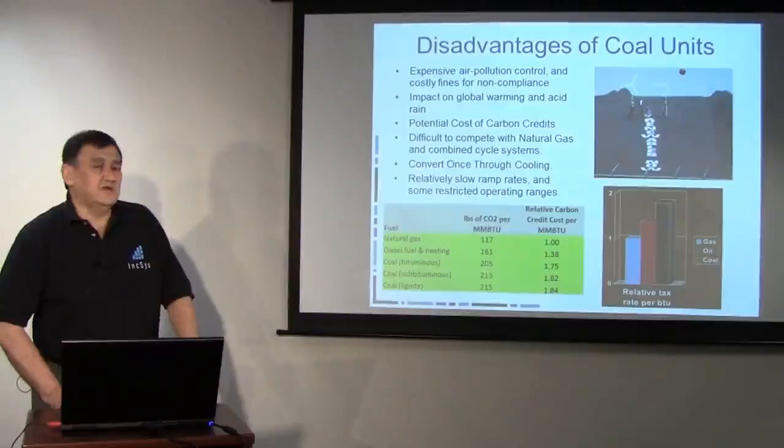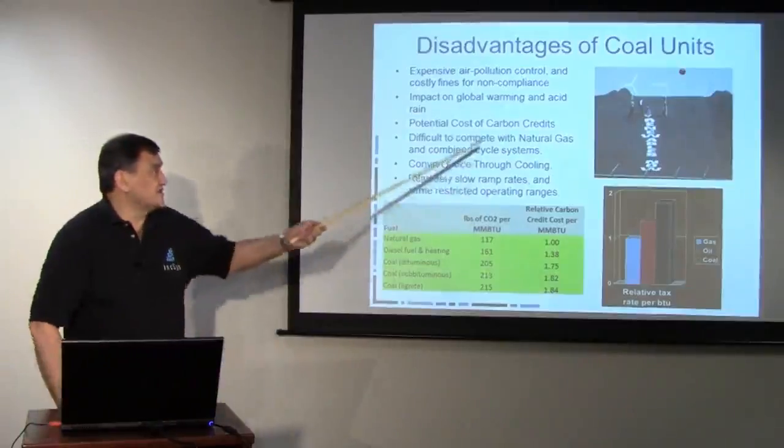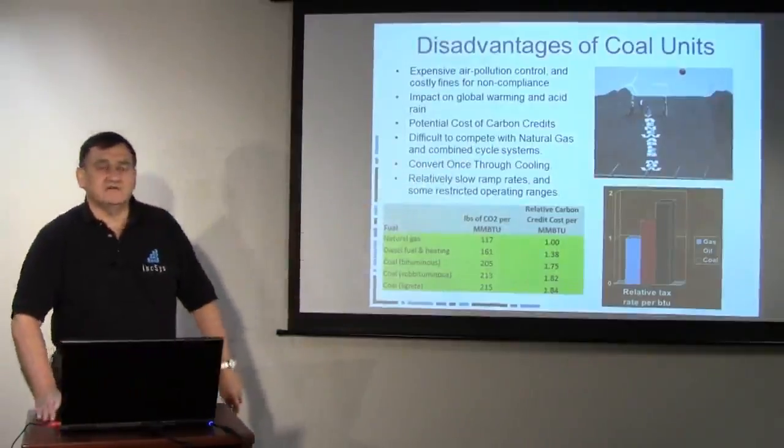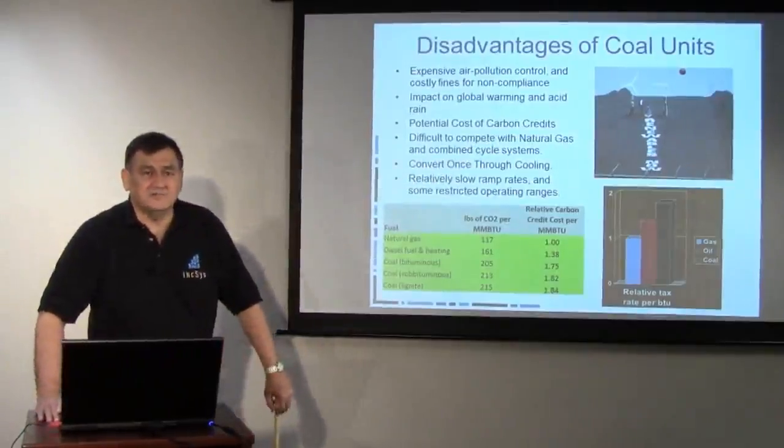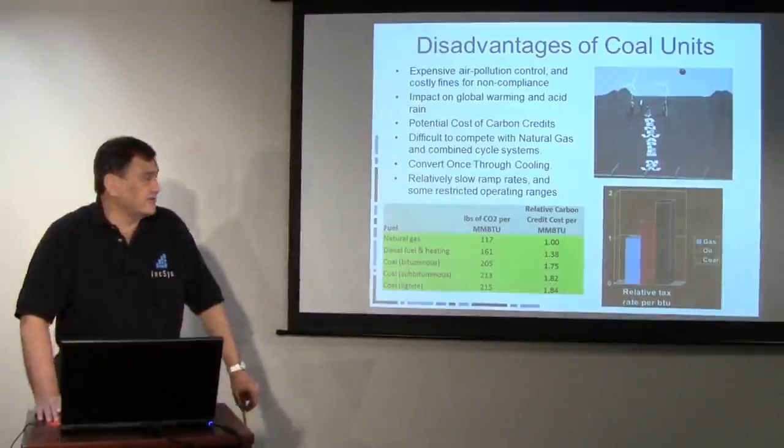And of course, with the enhanced concern about global warming and acid rain, and the potential cost of carbon credits, that is having a slowdown effect on building coal plants in North America.